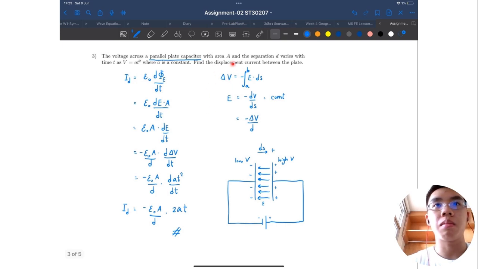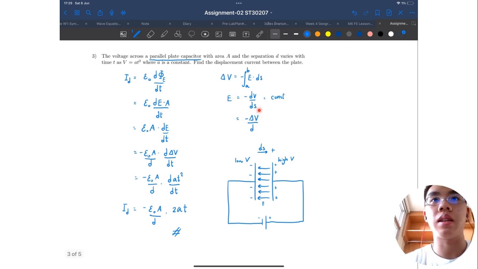Now let's see the second equation. The electric field is equal to the derivative of voltage with respect to distance with a minus sign, because the electric field flows from higher voltage to lower voltage.